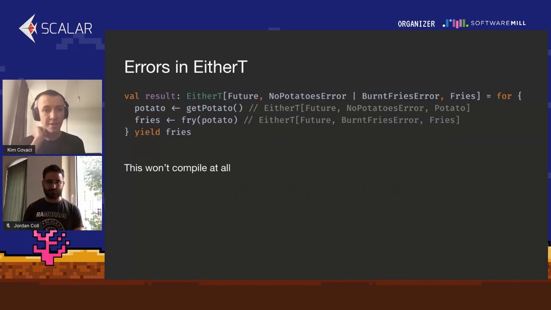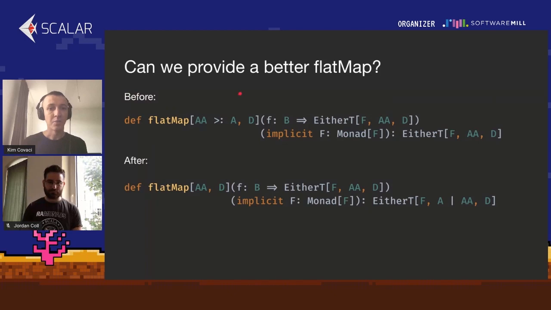But if we check this with EitherT, it's different, because as Jordan said before, EitherT is invariant, and even with this type hint, this won't compile. We cannot just chain them with flatMap. So we started to think, can we do something to support these union types on the left side in EitherT? And we took a close look at the definition of flatMap in EitherT.